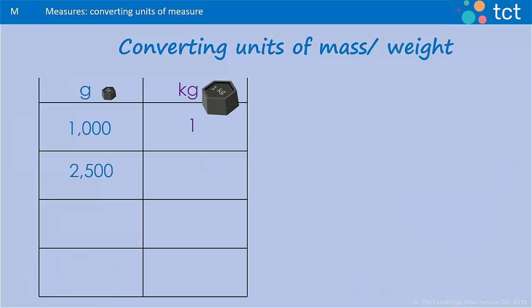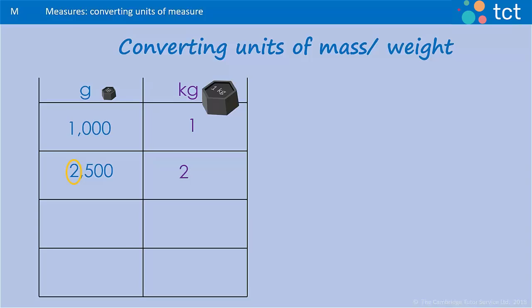If we have 2,500 grams, what's that in kilograms? If we identify how many thousands there are in the grams, that will tell us how many whole kilograms there are. So we have 2 whole kilograms, but we have 500 grams left over.